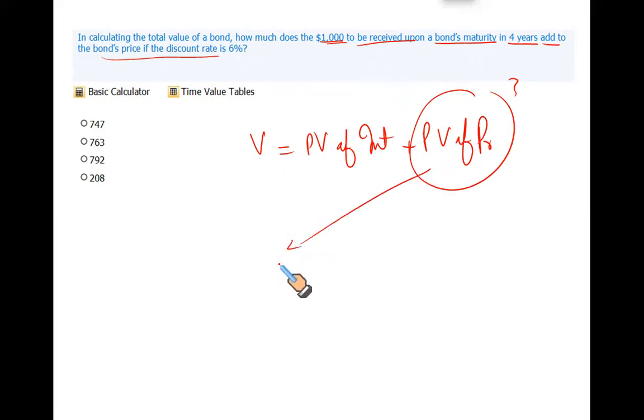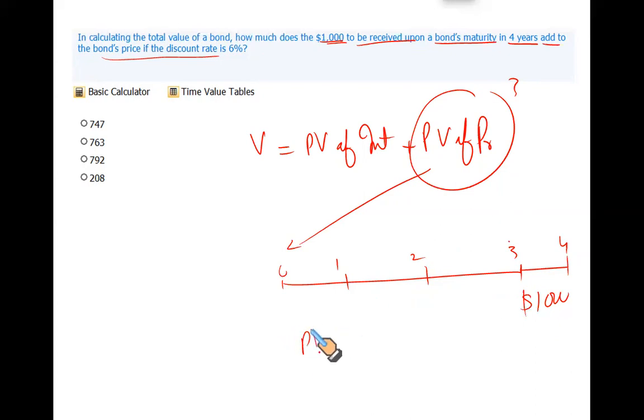So I'm sure you know, this is the timeline. Year 1, 2, 3, and 4. The bond matures in 4 years, and this $1,000 has to be paid at the end of the 4th year. So you need to find the present value of this $1,000 by multiplying it with the discount factor of 4 years. For what rate?